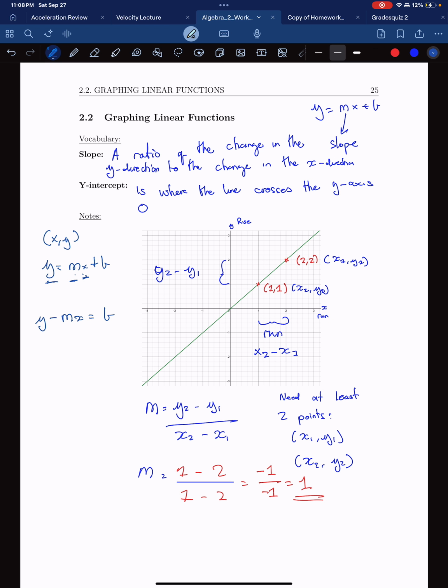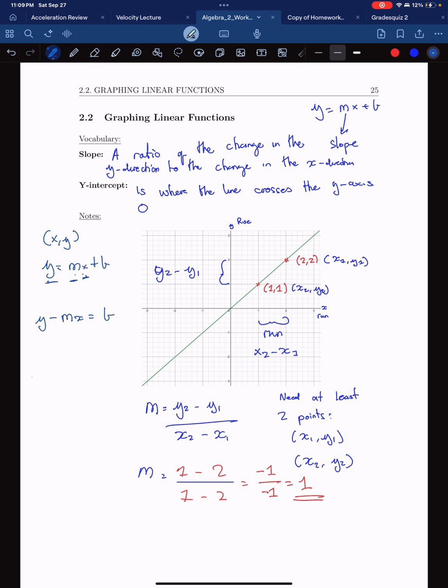Also, the y-intercept occurs when x is equal to 0. So you can just set x to 0 in this formula.